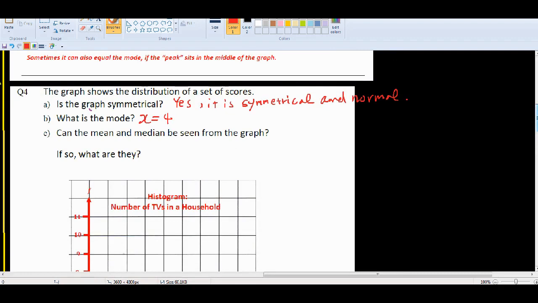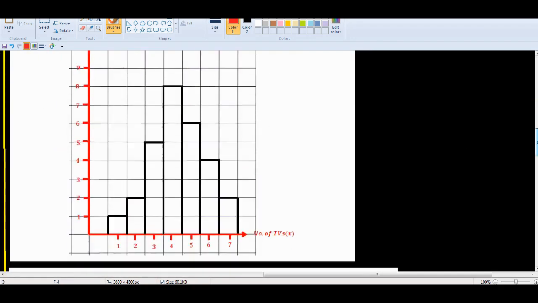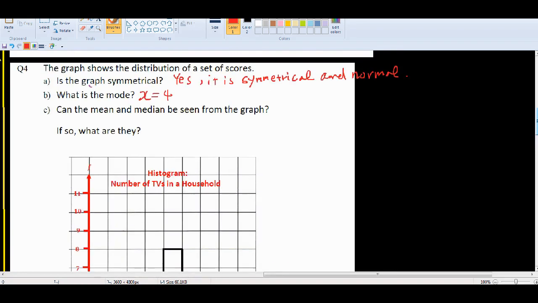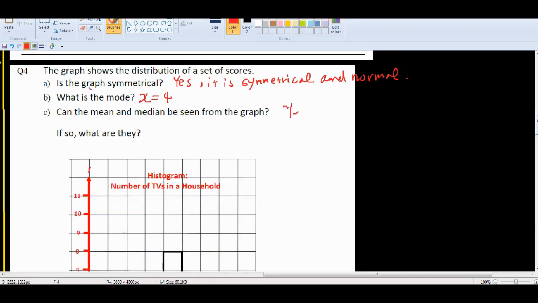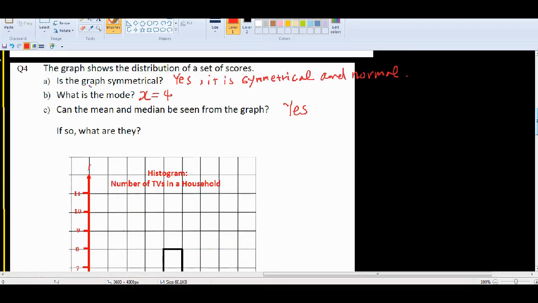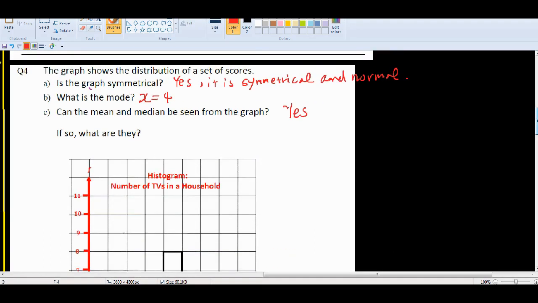Can the mean and median be seen from the graph? Yes, it should be around 4, but you need to calculate, right? We still can find it, but you need to find it out. You can't just say so, because this one is not perfectly symmetrical, so you need to calculate.